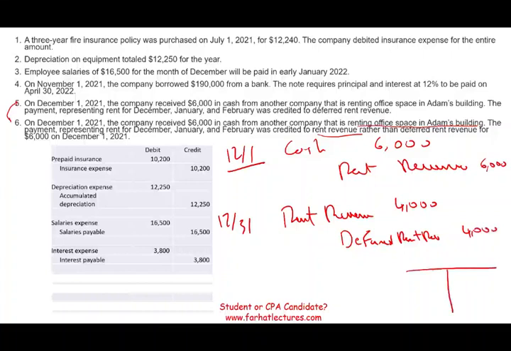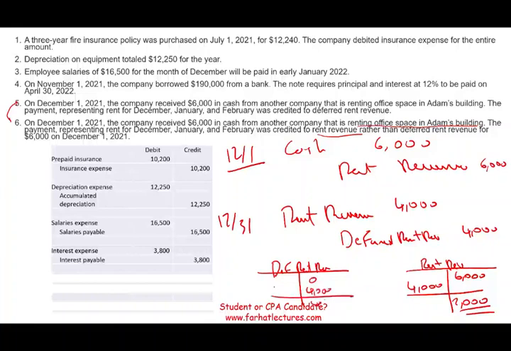Simply put, here's what happened. This is rent revenue. So initially I had $6,000 in rent revenue. I'm going to debit it $4,000, and my rent revenue is only $2,000 for the month of December. For the deferred rent revenue, and this is a liability, I had nothing.